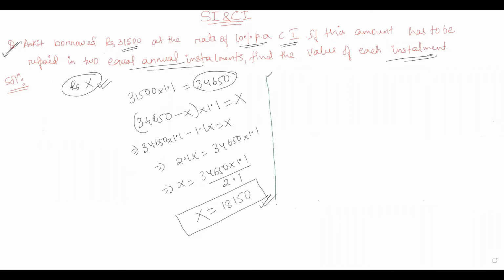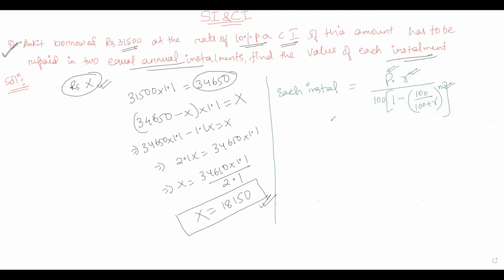There is also a direct formula to calculate each installment, and that formula is: each installment is given as principal times rate of interest upon 100 times 1 minus 100 upon 100 plus R to the power n, where P is the sum borrowed, R is the rate of interest per period, and n is the period in which equal installments are being paid.